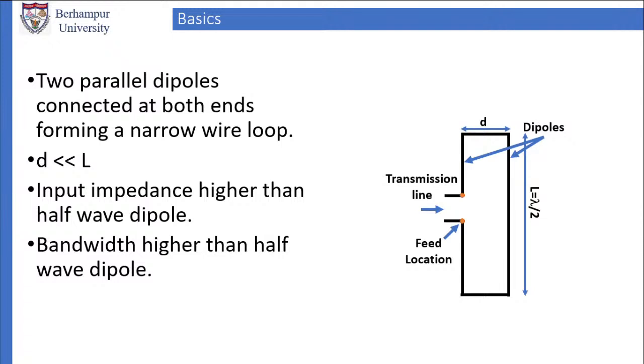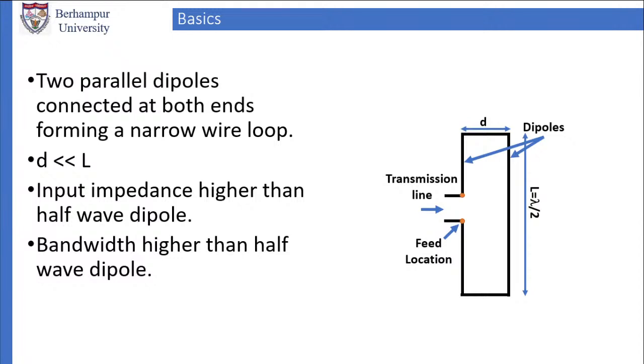Total length is lambda. Each arm will be lambda by 2. So in effect we can say that we have two lambda by 2 antennas which are connected in parallel. Since the two ends are connected, we will call it two half-wave antennas connected in parallel.